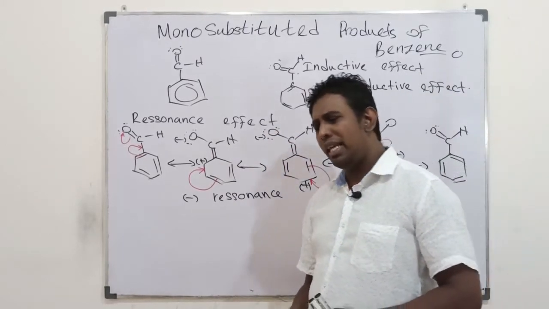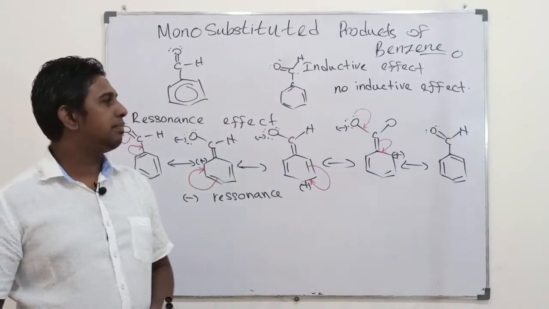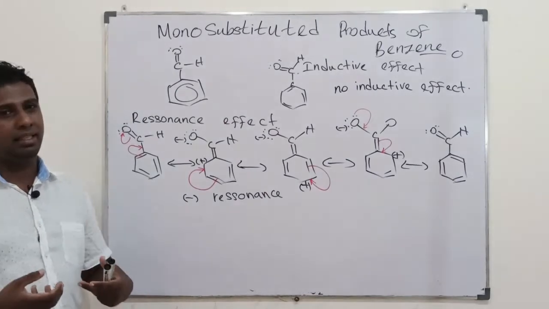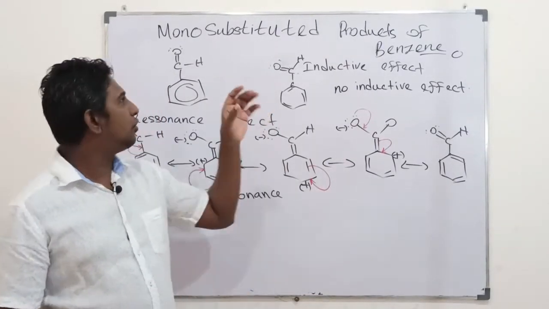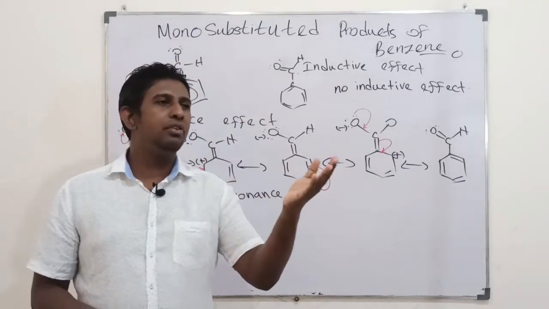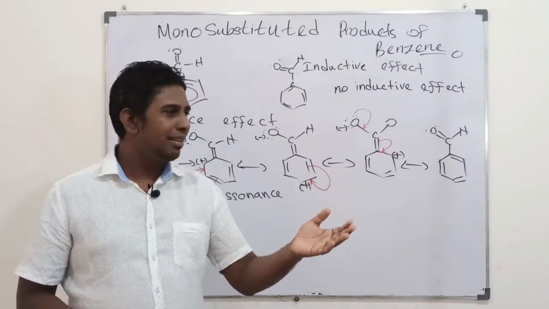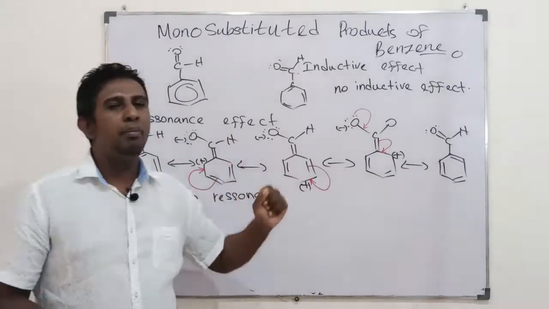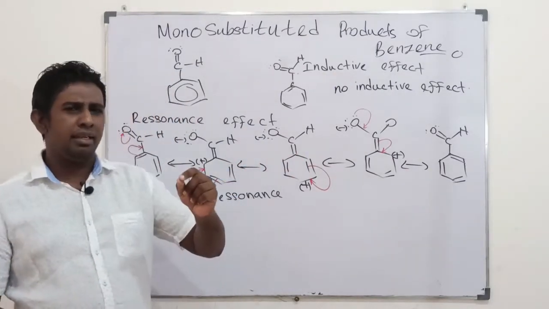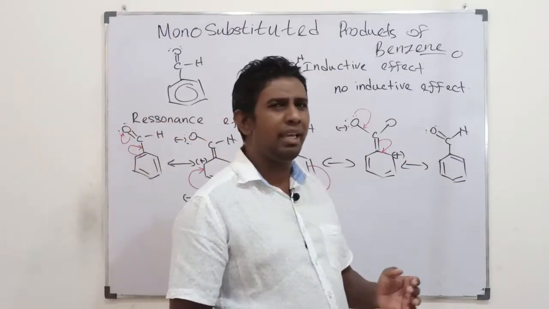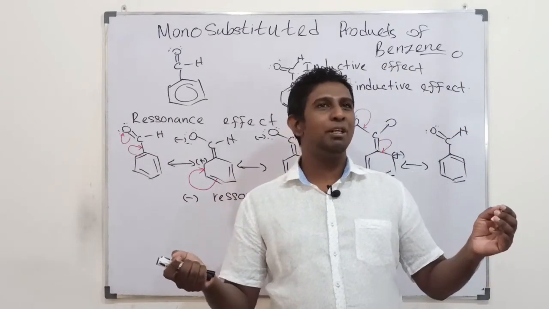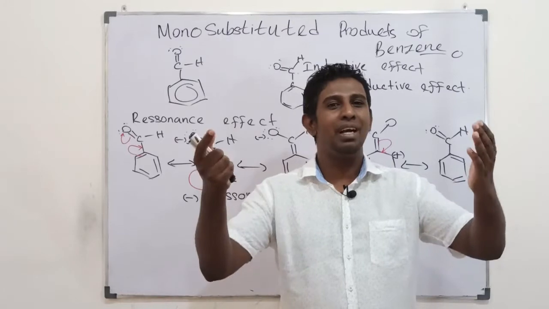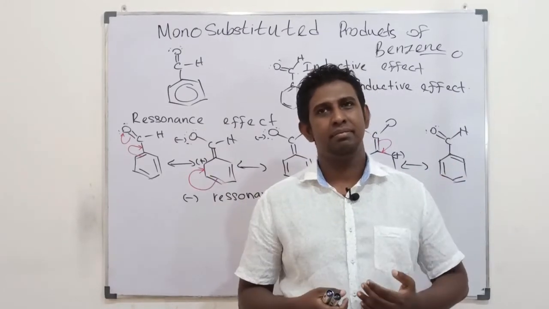Okay, so students, now our concern is, we found out that the CHO group, or let's call it the aldehyde group, is a deactivated group of benzene. Even though it's a deactivated group, it's still possible for those electrophiles to come and get attached.